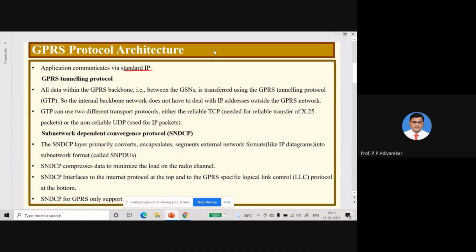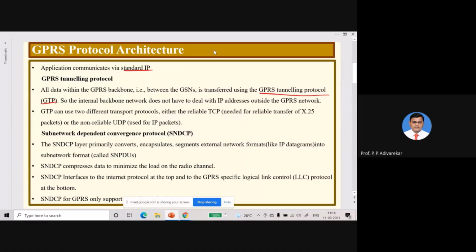So now the first protocol which is new here in GPRS is the GTP protocol. The full form of this is GPRS tunneling protocol. It is nothing but the GPRS tunneling protocol.